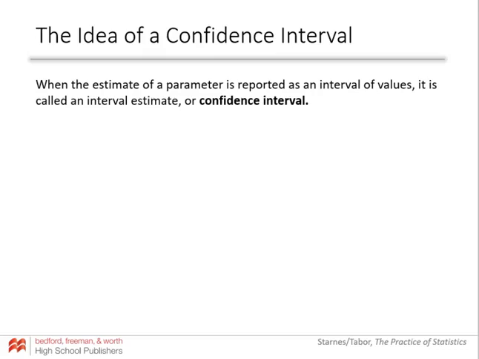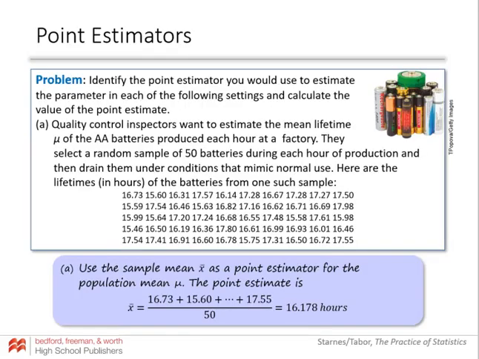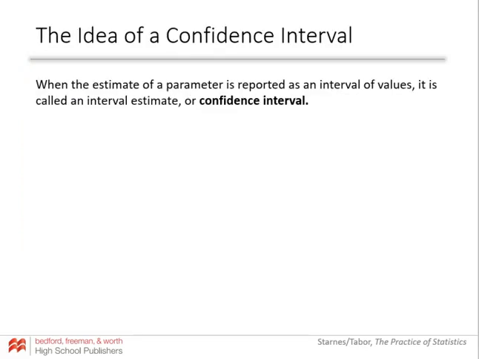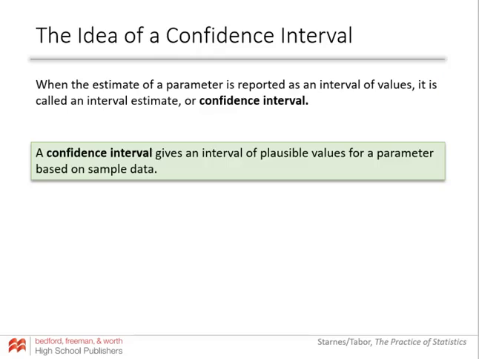So what we're going to do is give a range of values, and that is what's called our confidence interval. We know it's probably not exactly 16.178, might be a little bit smaller, might be a little bit larger. So we're going to give that range, and we call that a confidence interval.